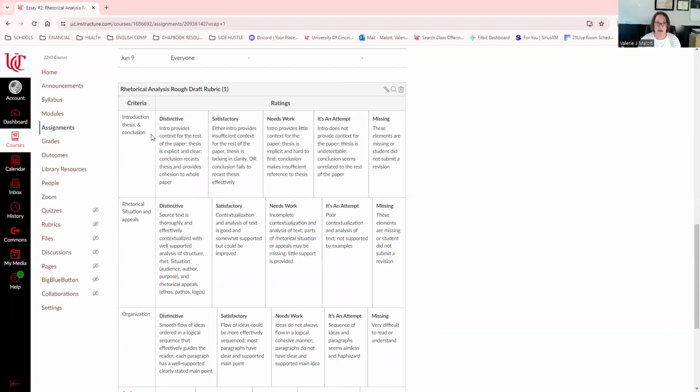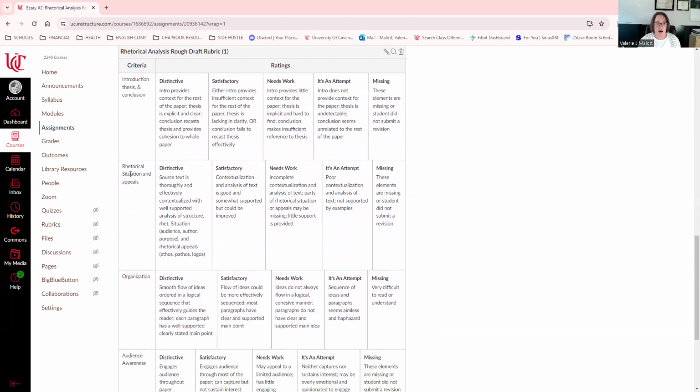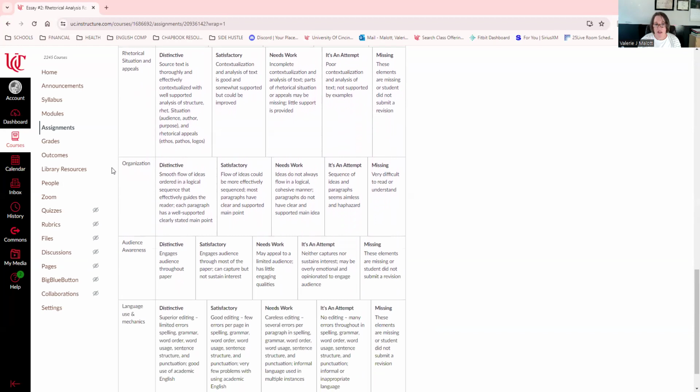introduction, the thesis, and the conclusion. This is the rubric for the assignment. Some kind of addressing of the rhetorical situation and including the rhetorical appeals. I'll also be looking at how you organize that information. Do the paragraphs flow in a logical manner? I also am looking for audience awareness.